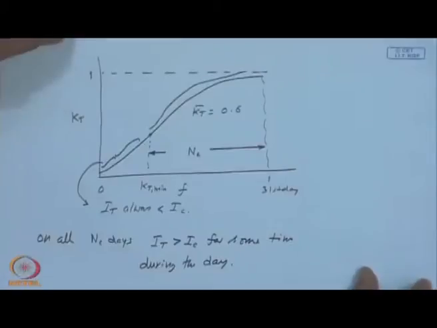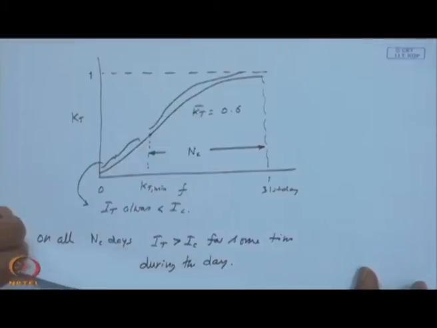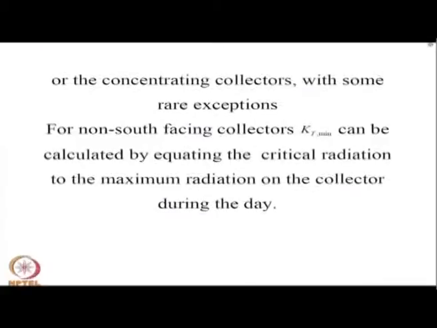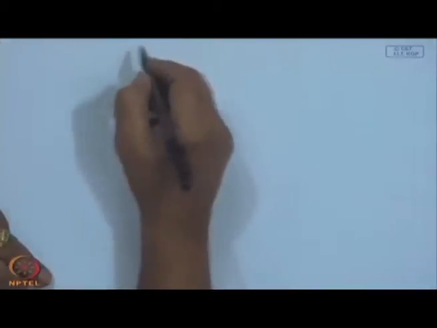In identifying KT minimum, I use the maximum radiation instead of the noontime radiation, because it can take care, in principle, of a non-south-facing surface as well as concentrating collectors. Concentrating collectors, by the way, are most of the time symmetric and the maximum occurs at solar noon, except in the third mode of tracking, where the radiation at noon time may be lower than at some other time, because of that becoming almost a horizontal aperture at noon time. So, we identify this KT min.